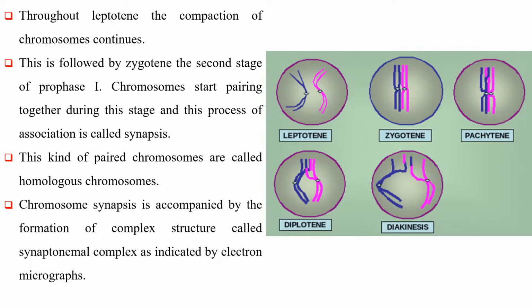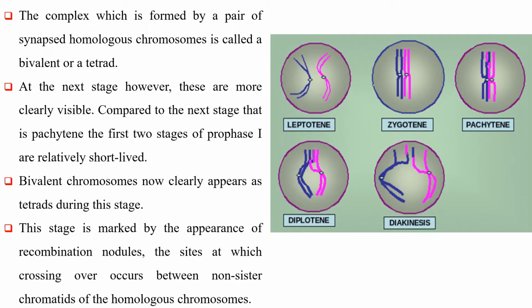Chromosome synapsis is accompanied by the formation of a complex structure called the synaptonemal complex, as indicated by electron micrographs. The complex, which is formed by a pair of synapsed homologous chromosomes, is called a bivalent or a tetrad.